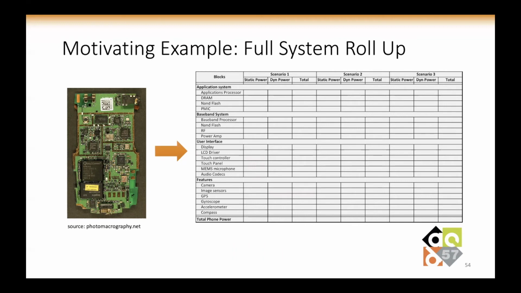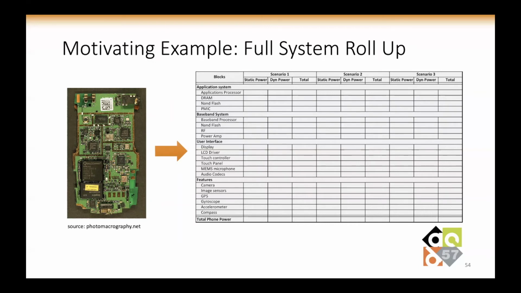Here is a clear motivating example for the need for system-level models shown on the previous slides. This is generally how full system results are collected or rolled up today. But this is a big challenge. Setting up, debugging, and maintaining this spreadsheet for multiple scenarios, a full system roll-up of at least 20 different devices, static and dynamic power, analog and digital, 3+ scenarios, actually many scenarios.